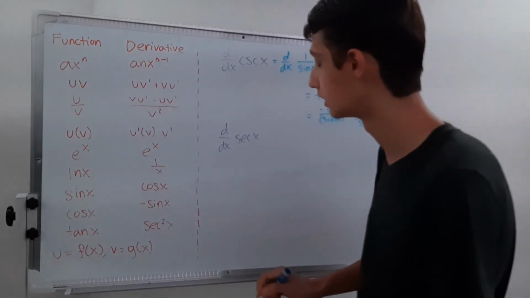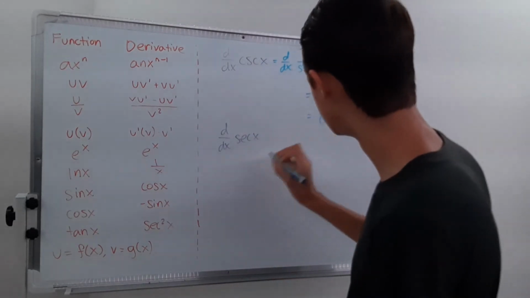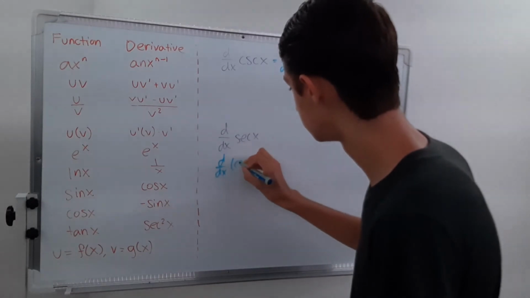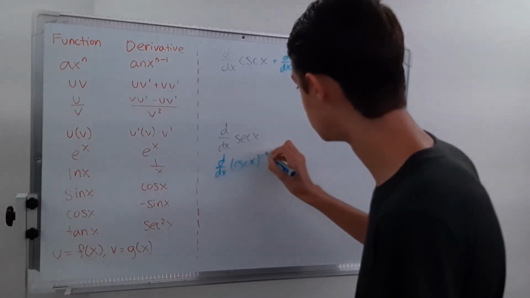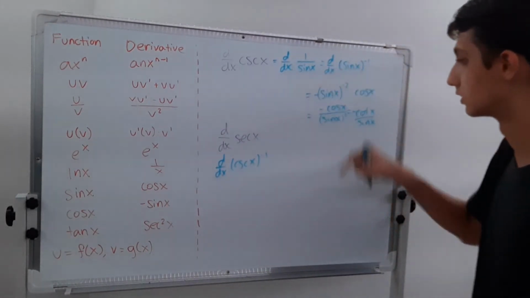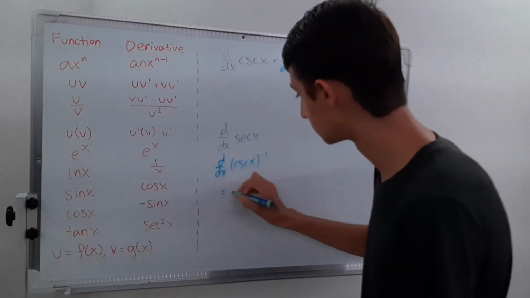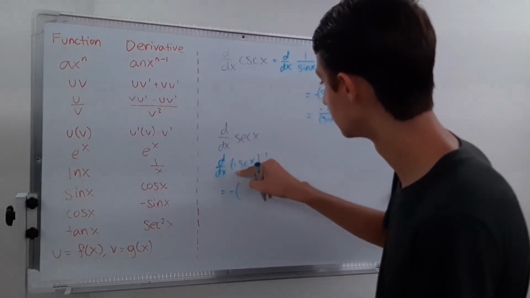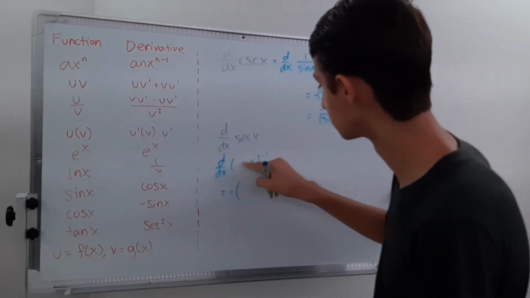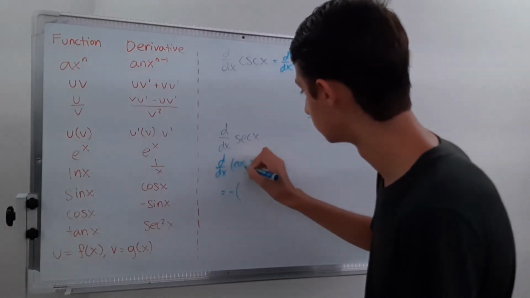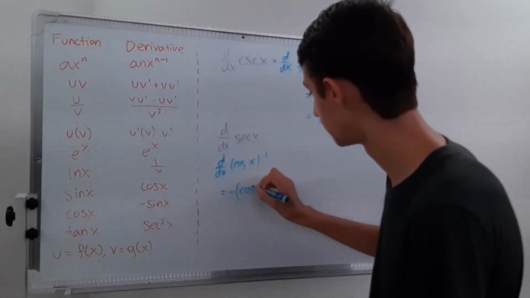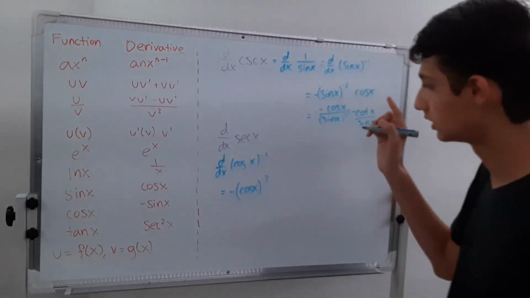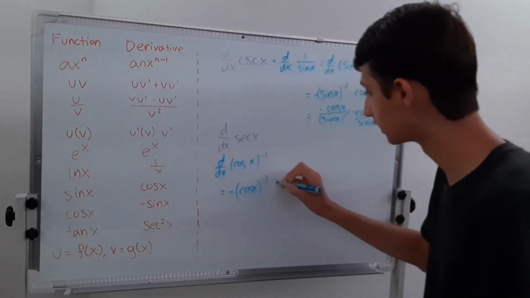How about secant? Again, I'm going to do it down here. Derivative of cosine x to the negative 1. Okay, just doing the same process here. And that's just going to be equal to negative cosine x to the negative 2 times the derivative of cosine, which is negative sine.